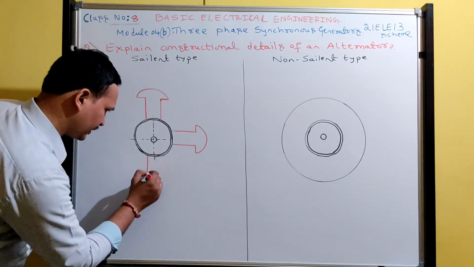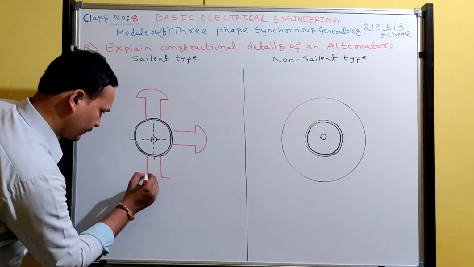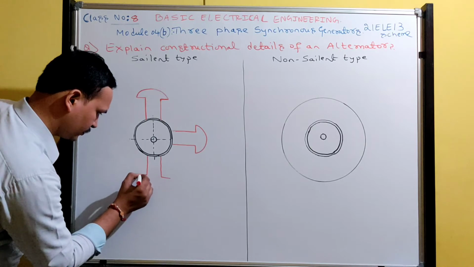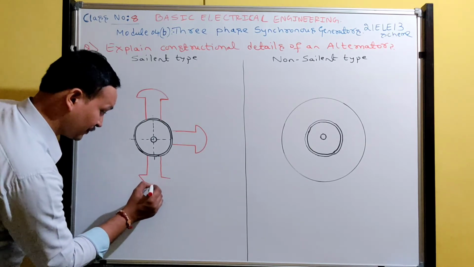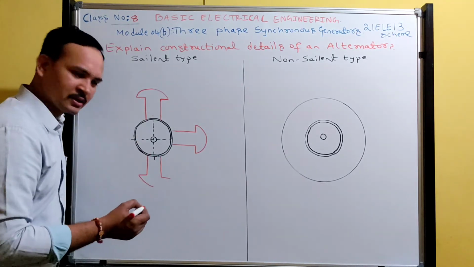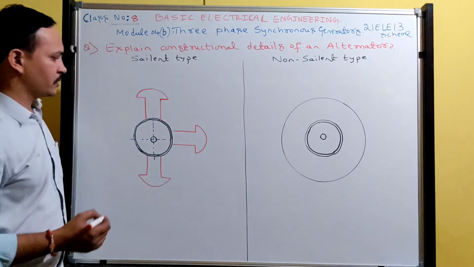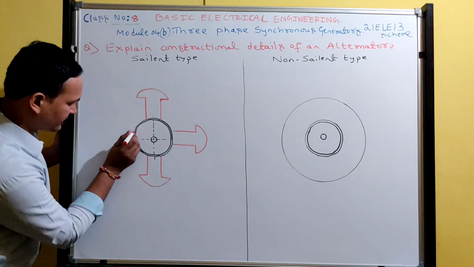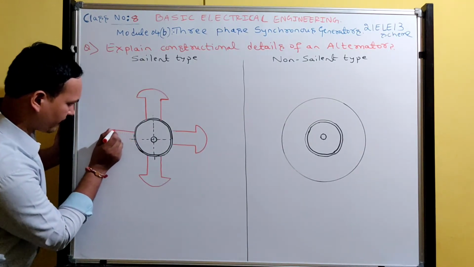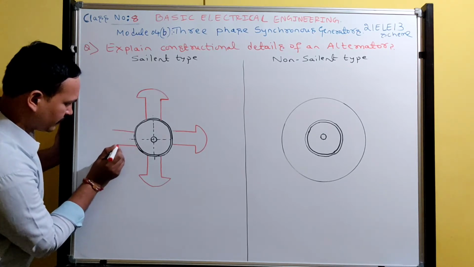Very easy to write now, but you should write with patience and neatly. Good diagrams will get marks, even if it looks wrong in depth. If overall it looks good, the evaluator will give marks. You need not worry. Try to write the diagrams as neatly as possible in the exam. You should impress the evaluator with your diagram.